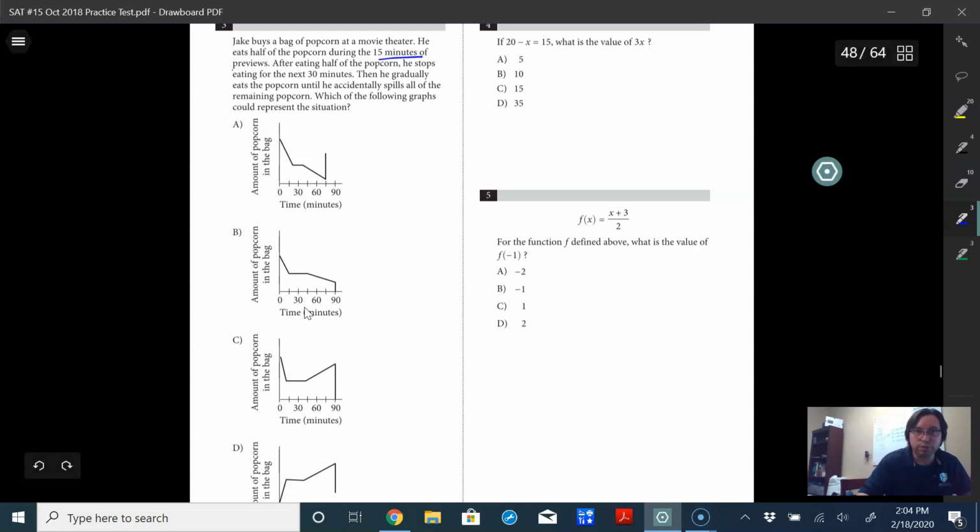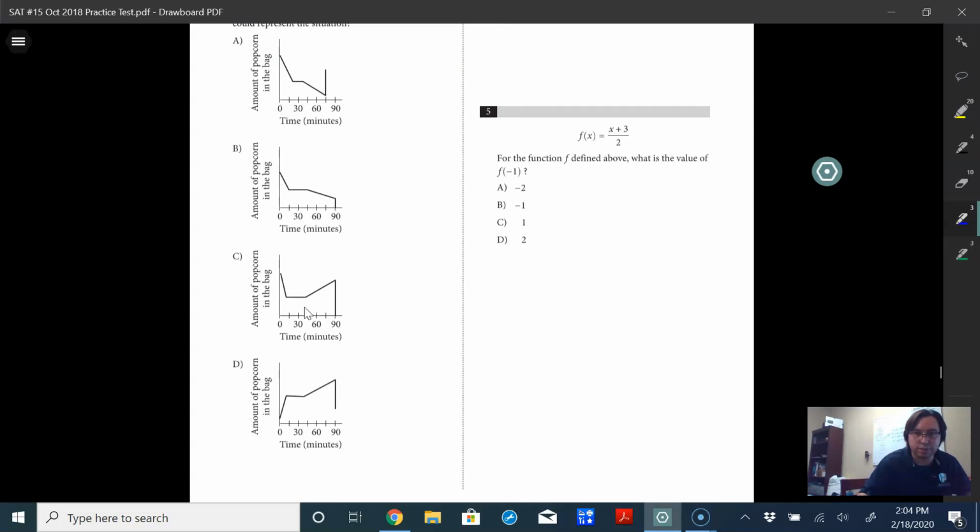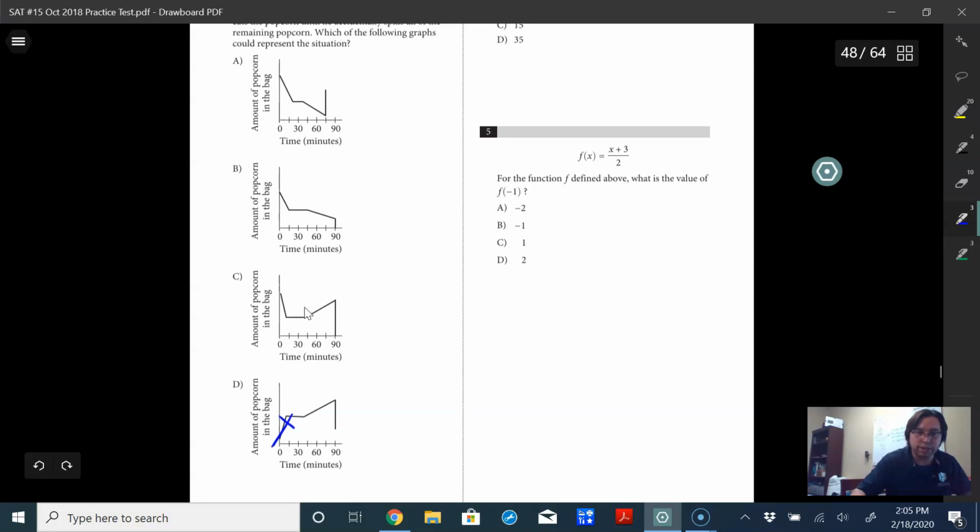So the amount of popcorn in the bag, let's see, looks like there's about half. And then here, D, it's going up. We see that he's eating some of this, so there's less popcorn in the bag, where this is showing more, so D is not an answer choice there.